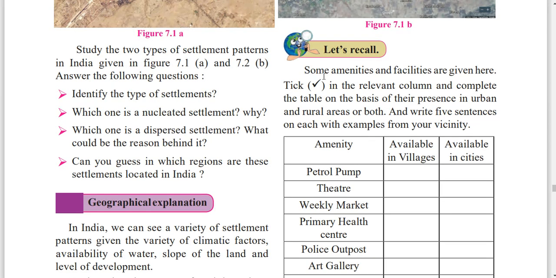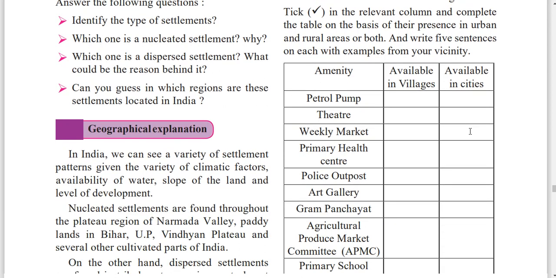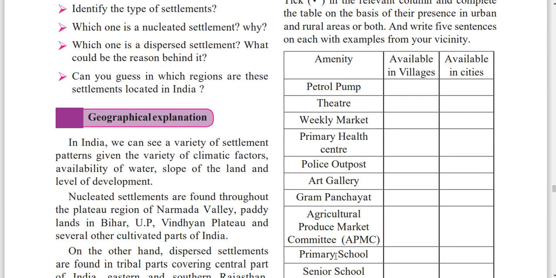Let's recall. Some amenities and facilities are given here. Tick in the relevant column and complete the table on the basis of their presence in urban and rural areas or both. And write 5 sentences on each with examples from your vicinity. Here, some amenities are given, available in villages and available in cities.